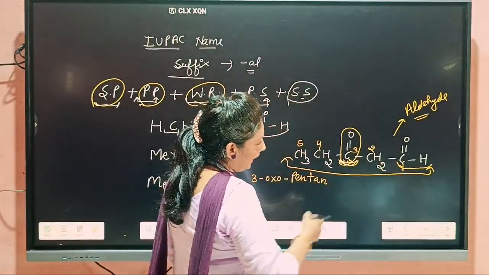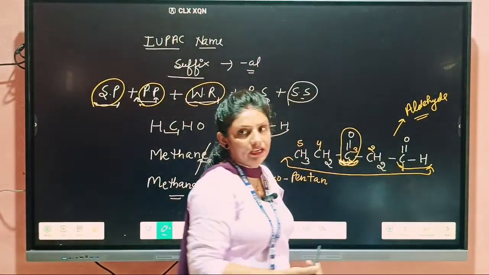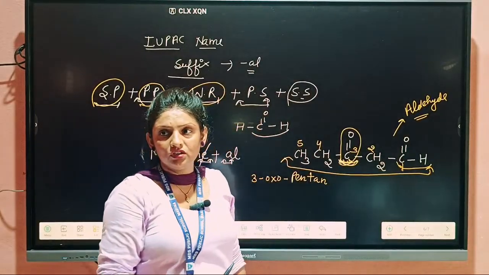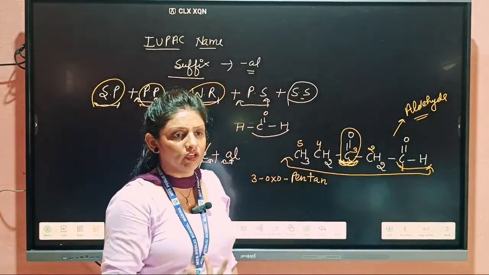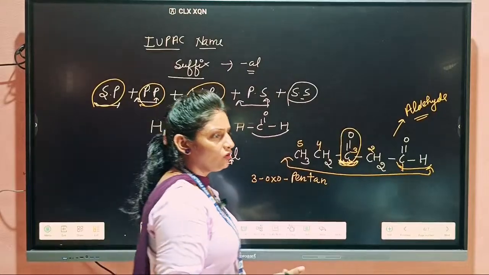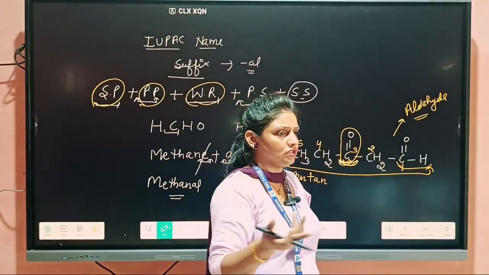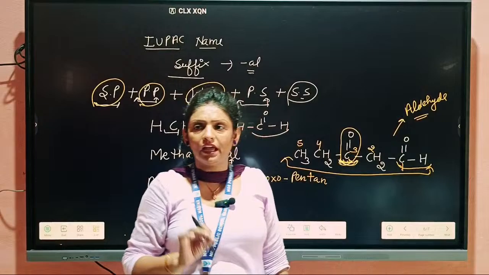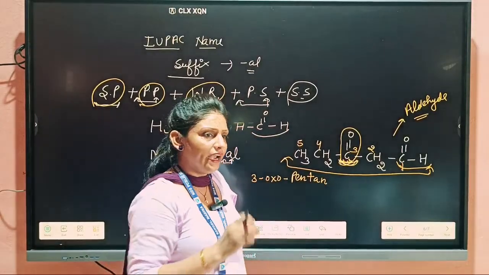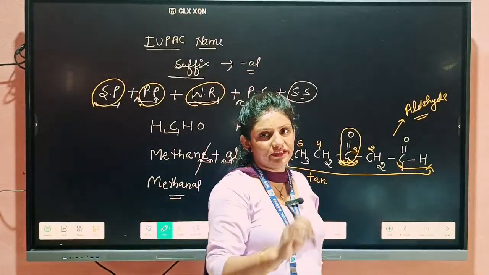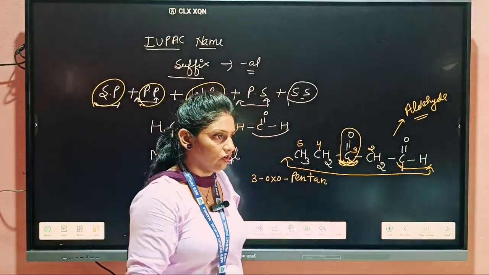Okay. Then at one position the aldehyde group is present here, so you need not write the position 1. If the aldehyde group were at the second or third position, you would write it, but the aldehyde group will be present at the first position only. Okay.